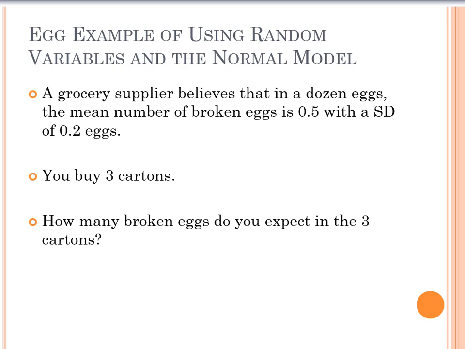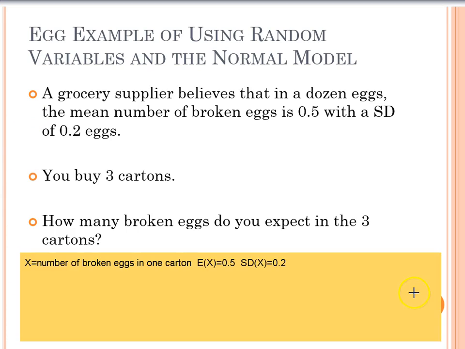Well, to answer this question, we can create a linear combination of 1 carton. So we can start this problem by defining x as the number of broken eggs in 1 carton. The problem gives us the expected number of broken eggs to be 0.5, and the standard deviation is 0.2, so I've written that here.